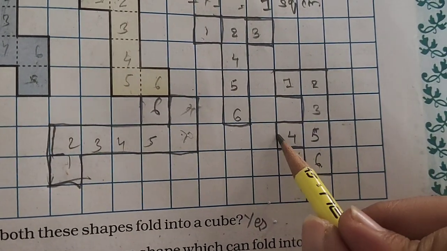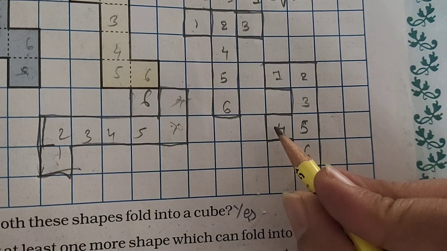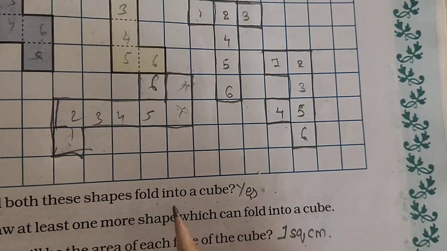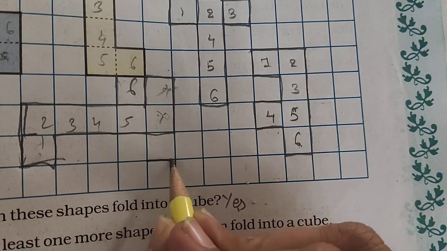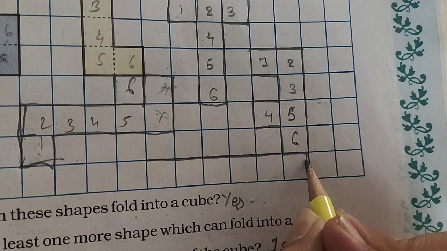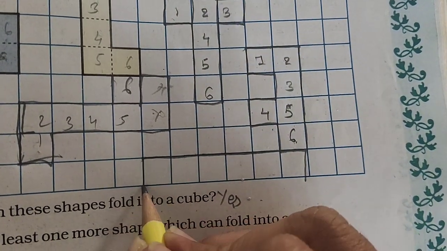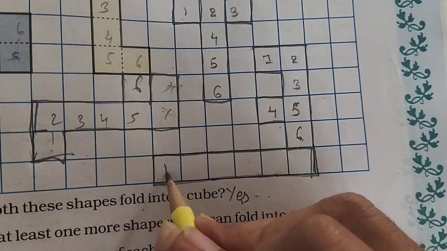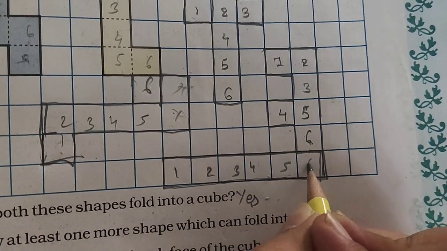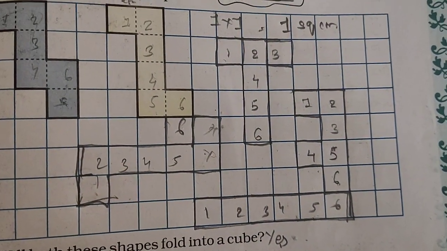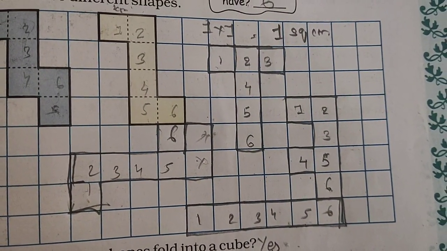If we don't want to draw here, we can also take this flap as a strip. Or one other I will show you, we can draw a straight line of 6. Then also we can say 1, 2, 3, 4, 5 and 6. This also will not be able to make a cube.